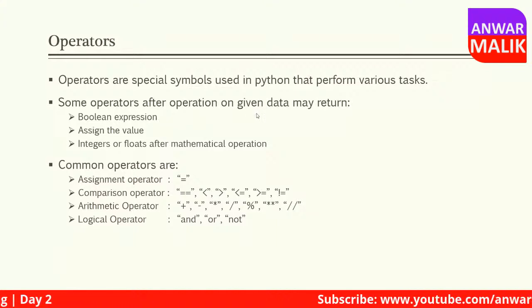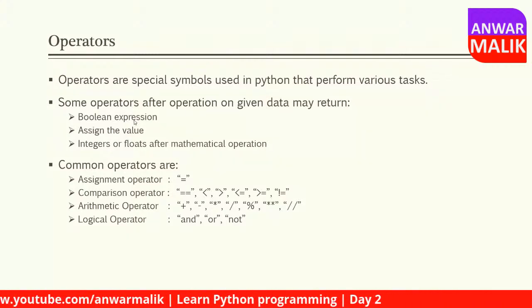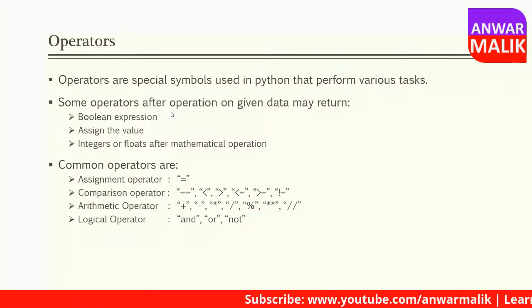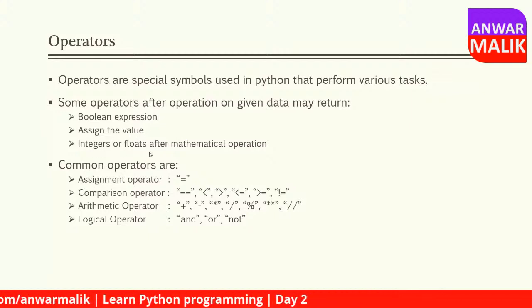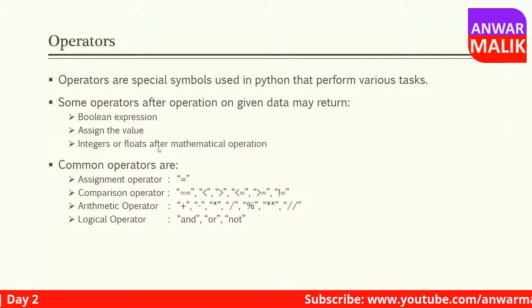You can divide them into three categories based on their function. They can return a Boolean expression, or an operator can assign a value to a variable, or they can do some mathematical operations on integers or floats.